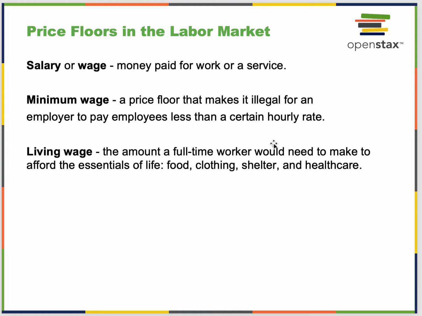A living wage is something else: the amount a full-time worker would need to make to afford the essentials of life: food, clothing, shelter, and healthcare. We all know the minimum wage is $10, and if there are 2,000 working hours in a year, at $10 an hour, that's $20,000. No one can really live on $20,000. I think it's probably borderline poverty, if not well into poverty level. So it's not a living wage.